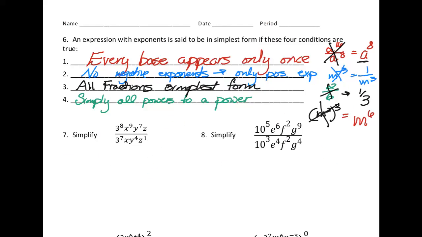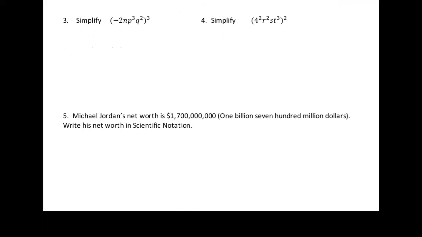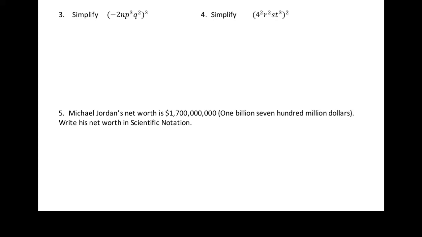All right. Don't forget, there will be scientific notation. $1,700,000,000. How would I write that as a scientific notation? 1.7.